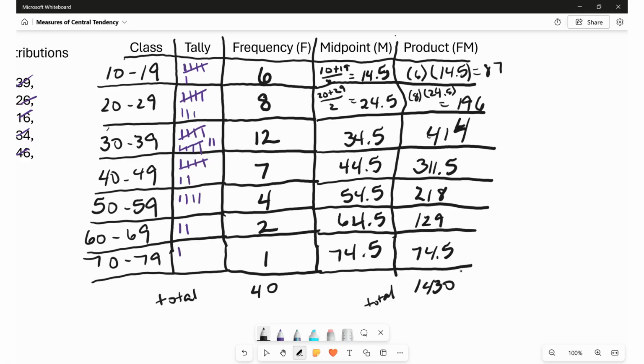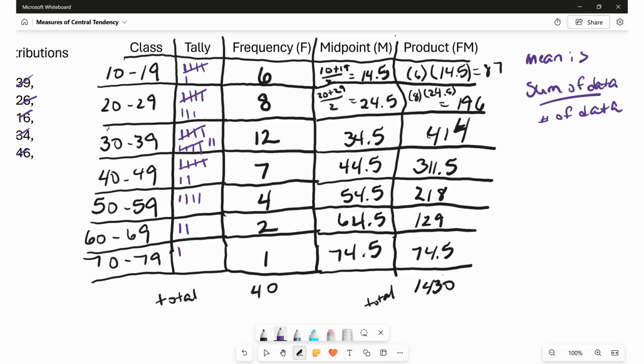Okay. Now, if you recall, the mean is the sum of the data divided by the number of data. Okay.